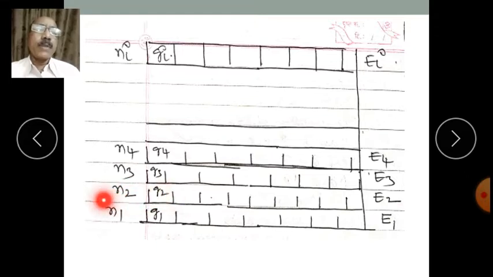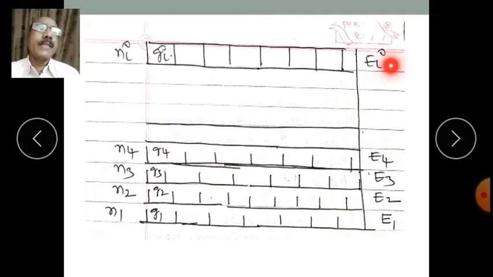So N2 particles are to be distributed in these G2 sections. Similarly, energy level E3 has G3 sections, and we have to distribute N3 particles in these G3 sections.